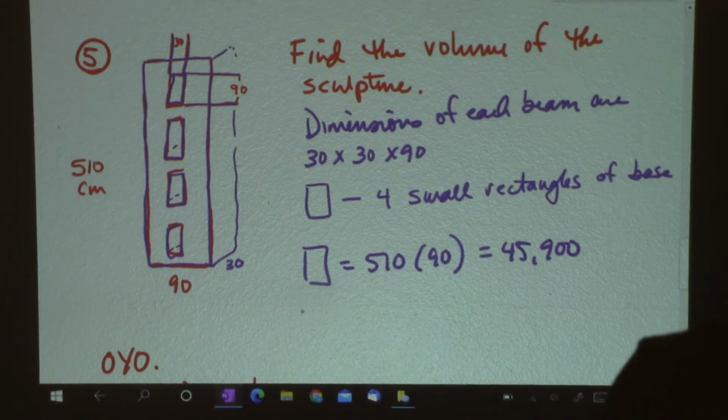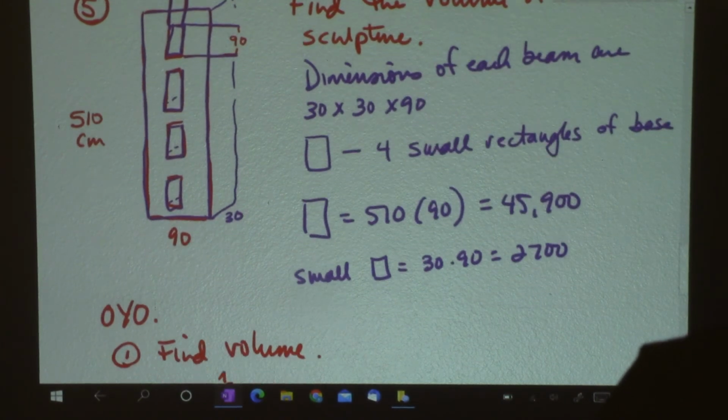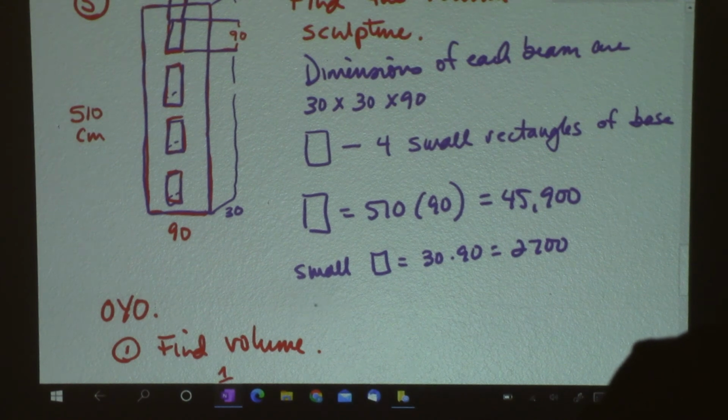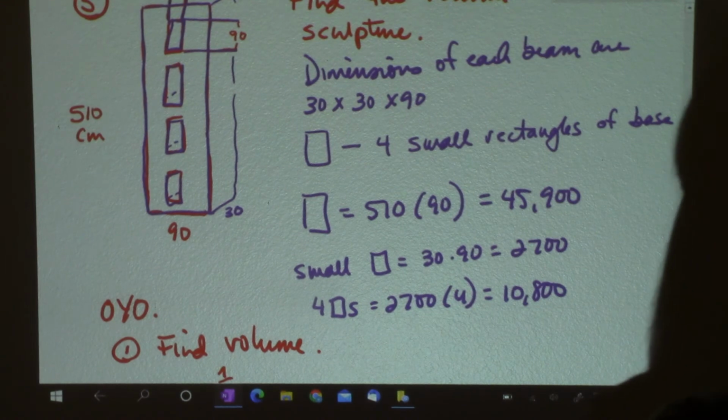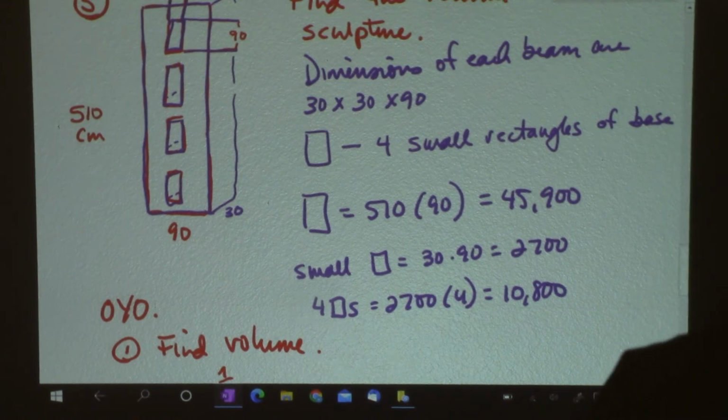So a small rectangle is 30 times 90, which is 2,700. And I've got 4 of them. 4 rectangles would be 2,700 times 4, which is 10,800.